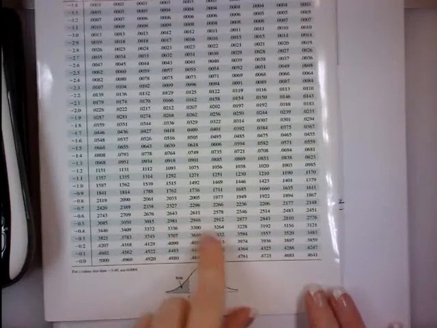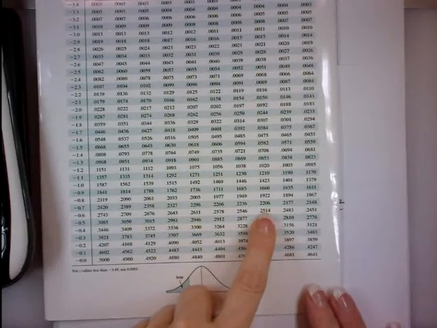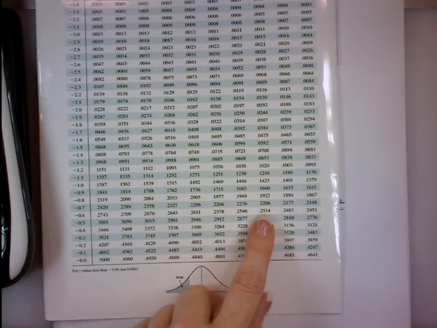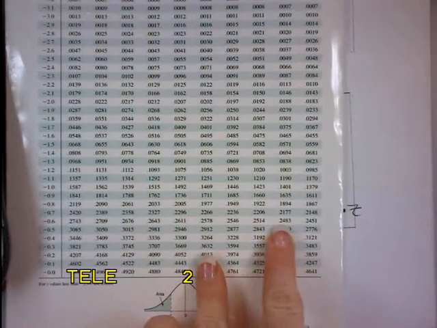25% is closest to, let's see, well, let's just check this out. We have 0.2514 and 0.2483.